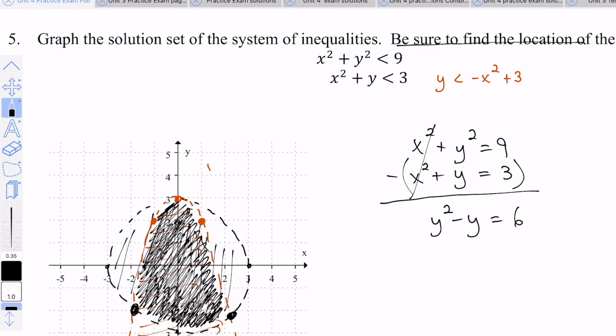So now I have a quadratic equation. I'm going to get it equal to 0 by subtracting 6 and then factor, and then two values for y.